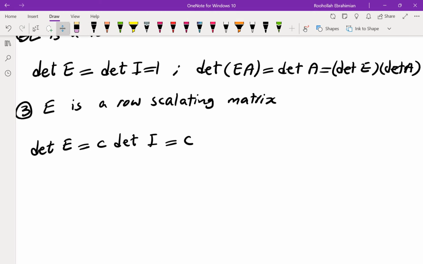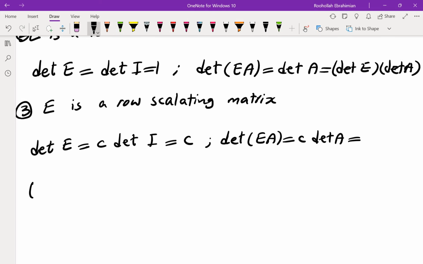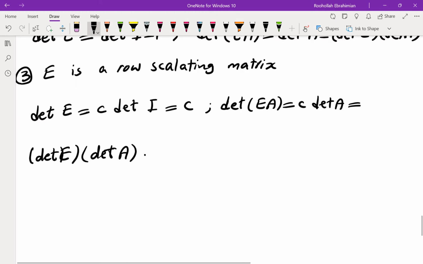Because we are multiplying the ith row by C, by multilinearity, the determinant of EA is exactly C times the determinant of A, which is what we want, the determinant of E times the determinant of A. What does it mean? It means for all elementary matrices, we do have the multiplicativity: the determinant of EA equals the determinant of E times the determinant of A.